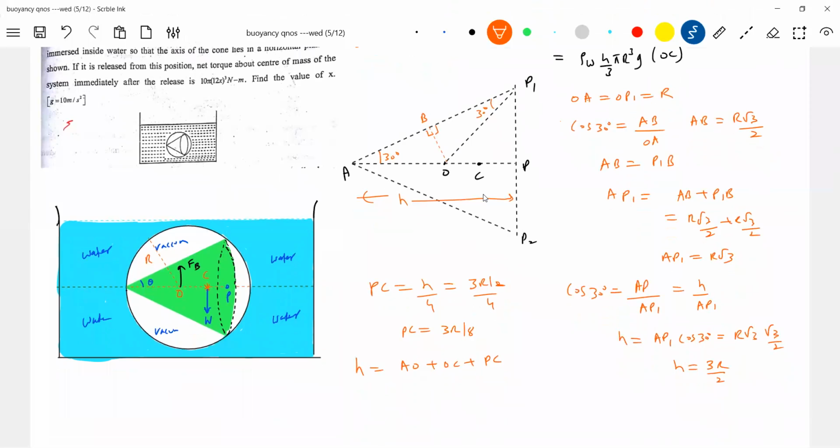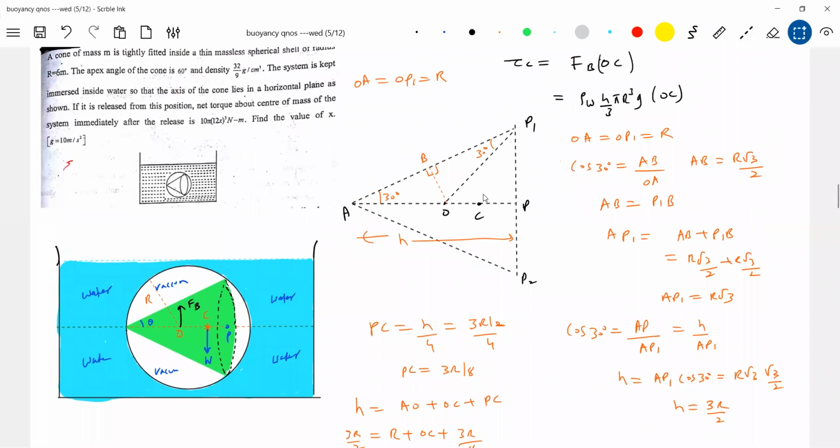I'll take the next part. H is equal to 3R by 2. AO is R. OC we don't know. PC is 3R by 8. Solve it, we'll get the expression for OC. That value of OC, if I substitute, I'll get the torque.